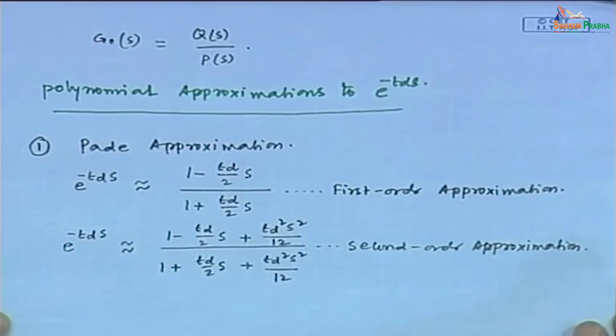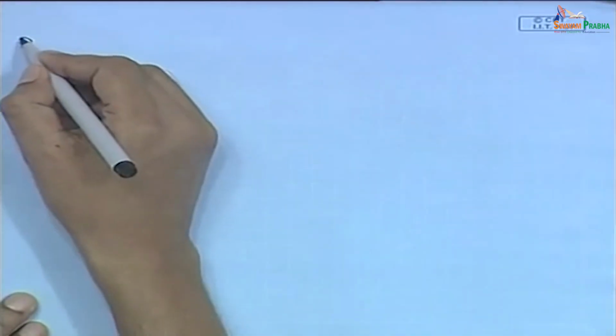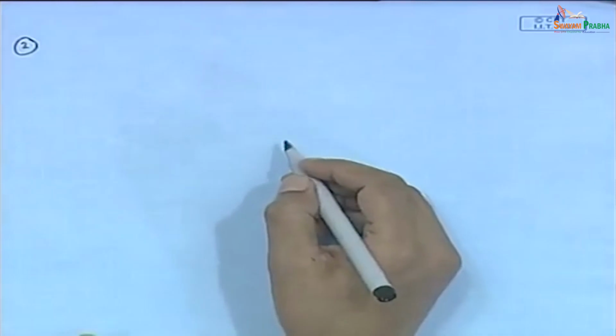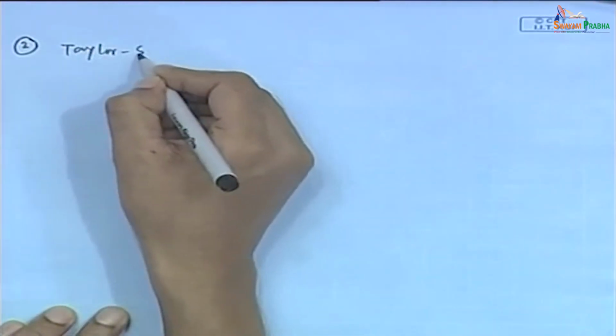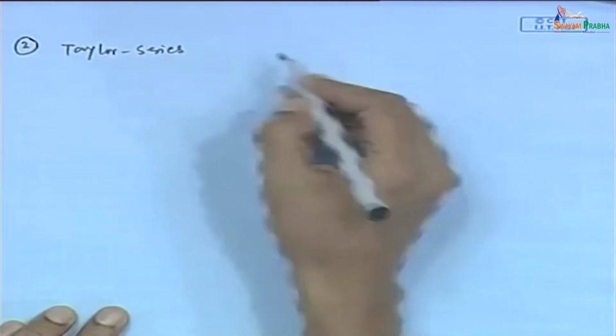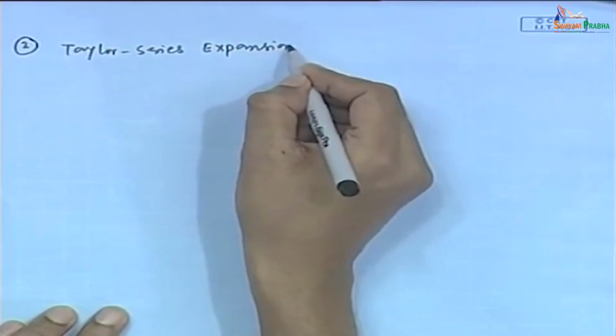By another way also we can approximate, that is Taylor series expansion. By the Taylor method also we can approximate this exponential term. So, that is the second method, Taylor series expansion.